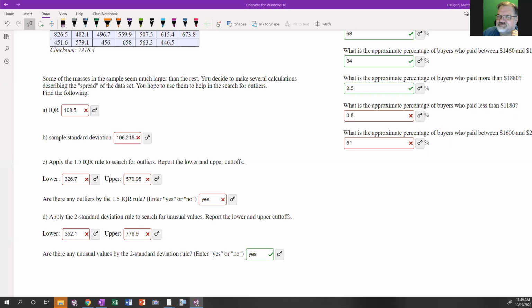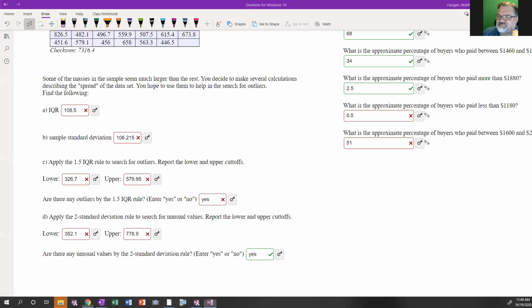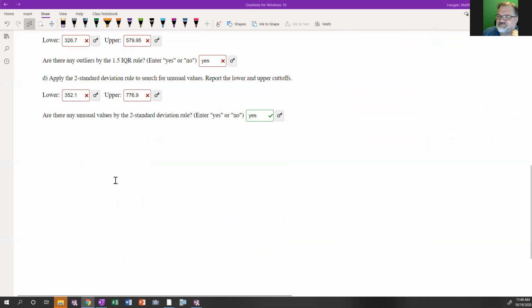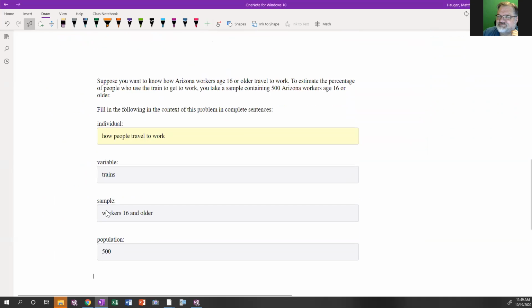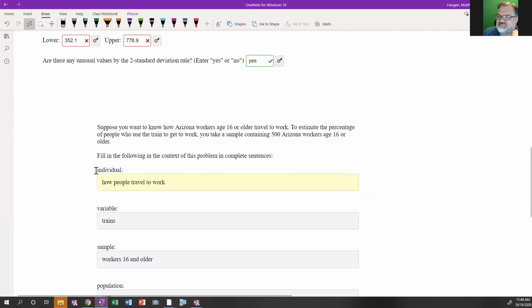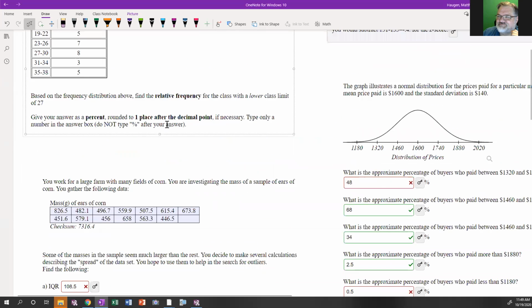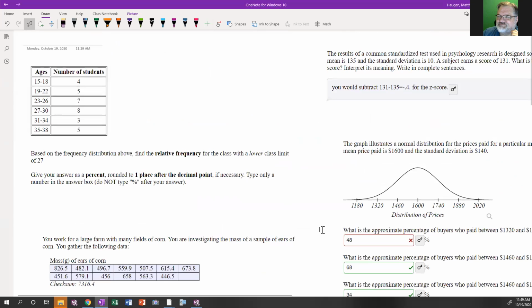And again, if I happen to grab yours, I apologize. I'm trying to make sure there's nobody's name on anything, but I'm not picking any of these out particularly. So I do want to talk about the individual variable sample one, from a what-were-you-looking-for perspective. What was I looking for perspective? Okay, so let's look at these.